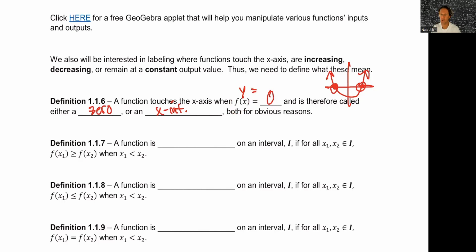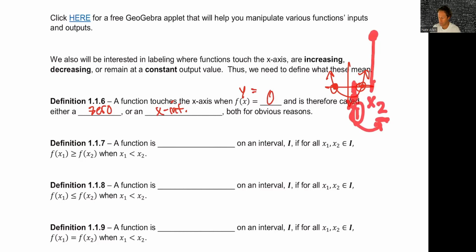So if we have just 2 points, let's say x1 and an x2, and let's say we went here for x1 and over here for x2, well, x2 is typically going to be the one that's the larger, obvious reasons. 2 is greater than 1. So then what is happening to their y values? Which one would be bigger?